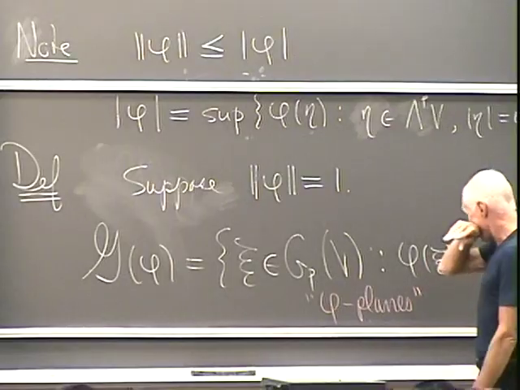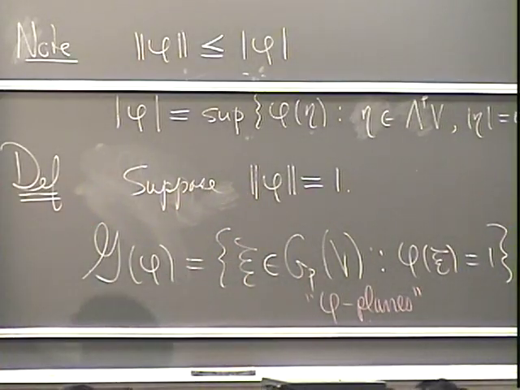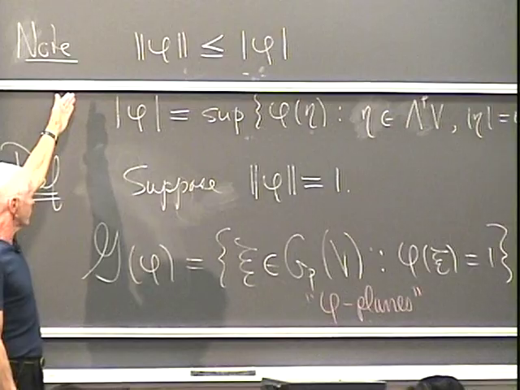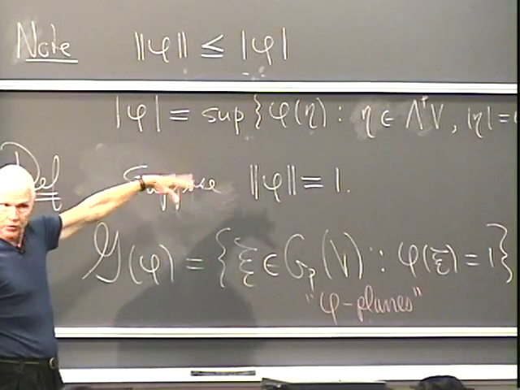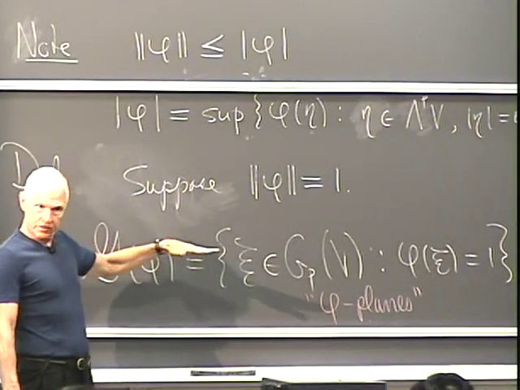So this is a fairly straightforward and simple idea. In order to generate these subsets of the Grassmannian, here's a simple way to do it. You take a linear function. You assume that its co-mass is 1. If it's not, you can always rescale it so it is. Then you look at the set where it actually attains it.